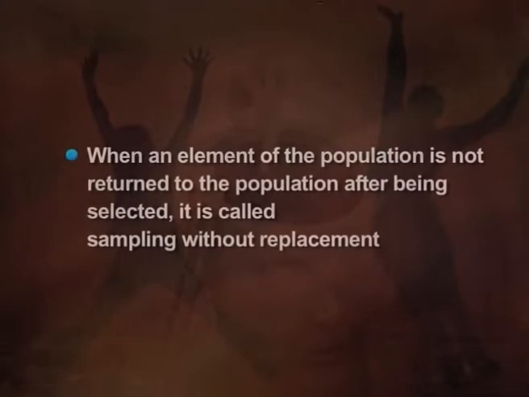Alternatively, when an element of the population is not returned to the population after being selected, it is called sampling without replacement. In the case of sampling with replacement, the number of possible samples of size n would be greater than the number of possible samples of the same size from the same population in case of sampling without replacement.